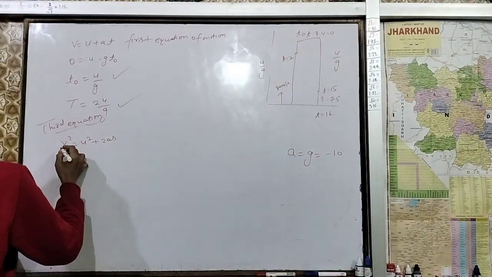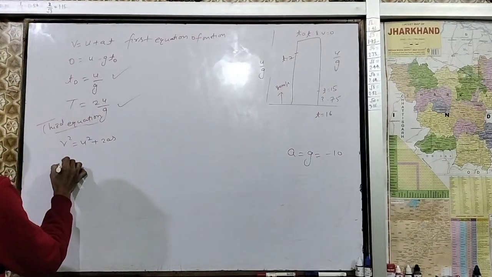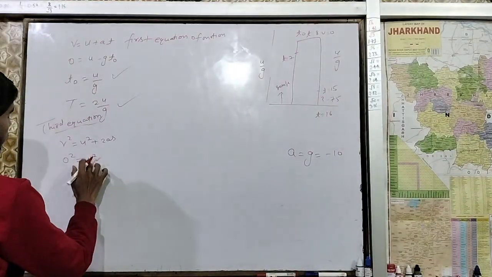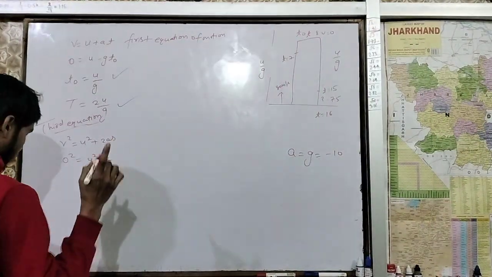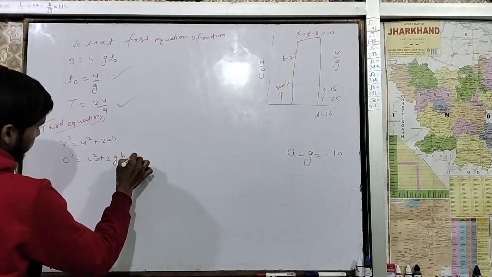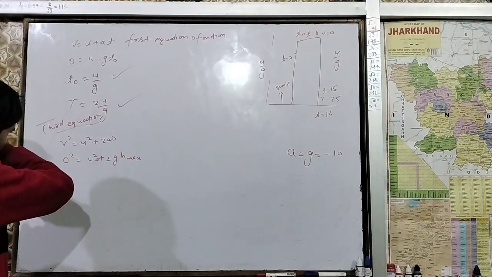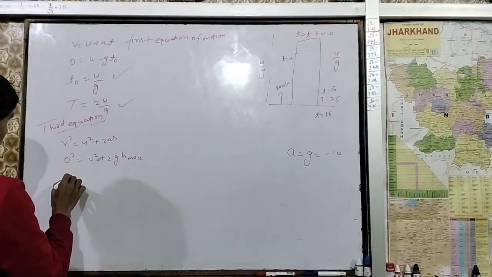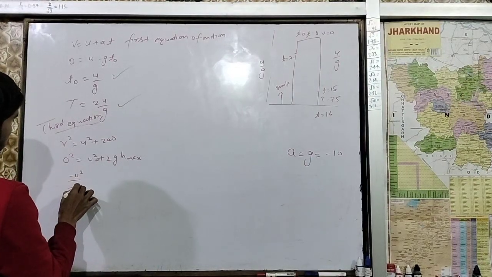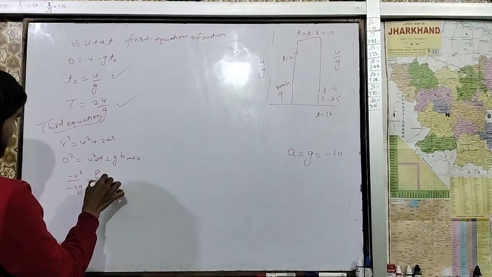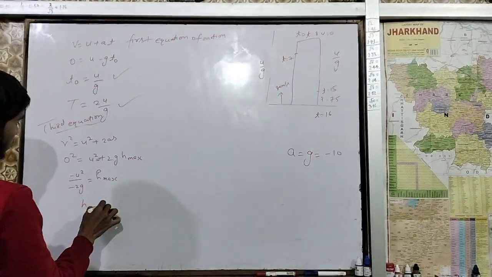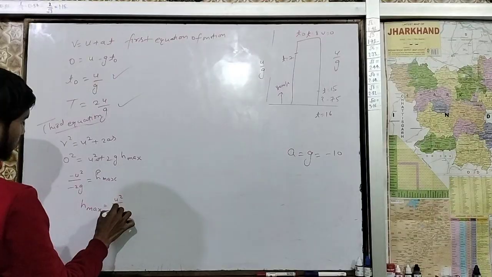So v will become 0. 0 square equals u square plus 2 multiplied by -g and h maximum. So finally you will get minus u square upon minus 2g is equal to h maximum, which means h maximum is u square upon 2g.